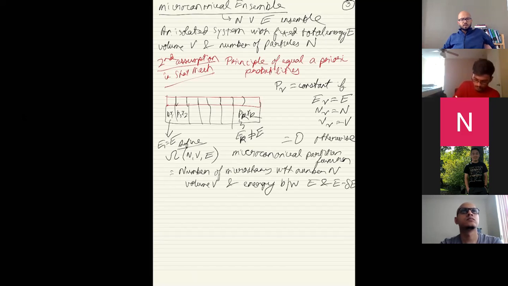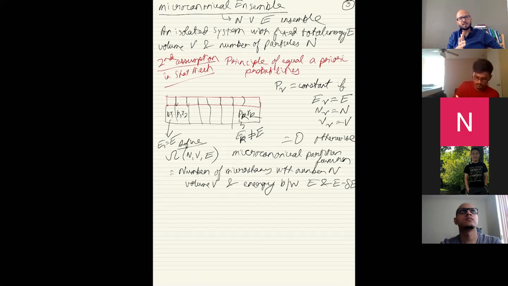Why did we do that this way? Why didn't we say number N plus delta N? Because it's easy to say the number of particles you have, right? 1, 2, 3, 4, 5, 6, 7, 8. It's easy to measure the volume you have. You can enforce it. Energy is a bit funky. It fluctuates. So you can never specify energy up to 0 precision. Think about measuring temperature.